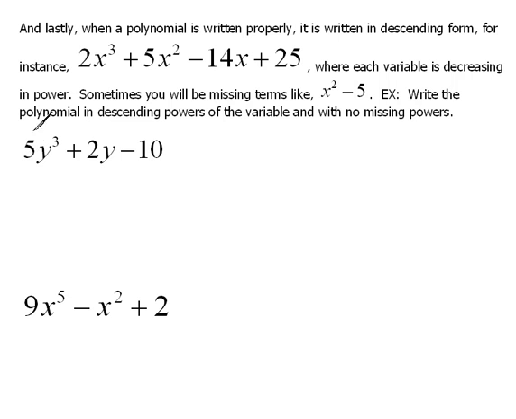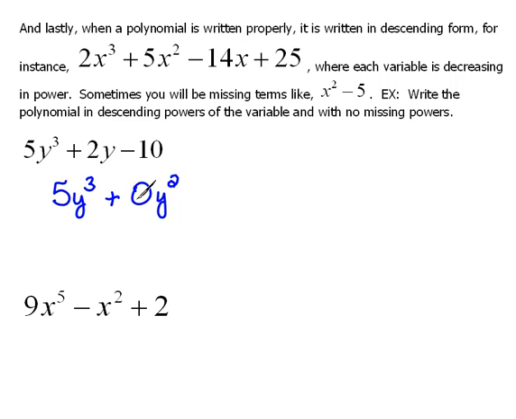So starting out with this one, we're starting out with a 5y cubed. So now think about it. We start out with 3. In descending order it should go 2, 1, 0. But we're missing a y squared term here. In order to show that, we can put in what's called a 0 placeholder.